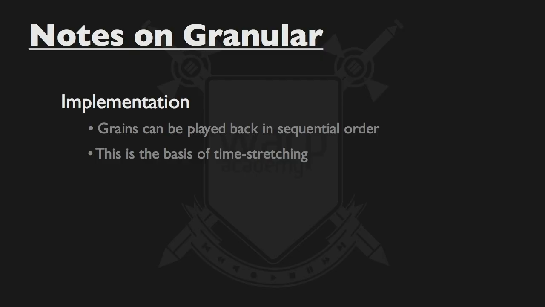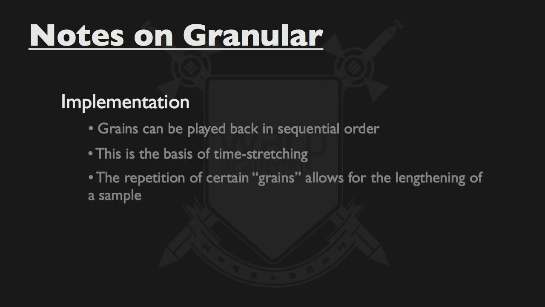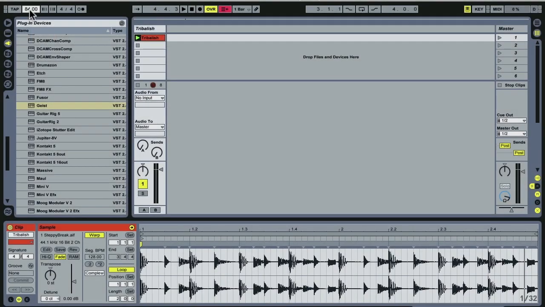Sounds are analyzed and split into little tiny loop points that are repeated over and over. The more these loops are repeated, the longer the resulting sound is. Certain grains, mainly the decay phase elements of a sound, benefit from more repetition than others.